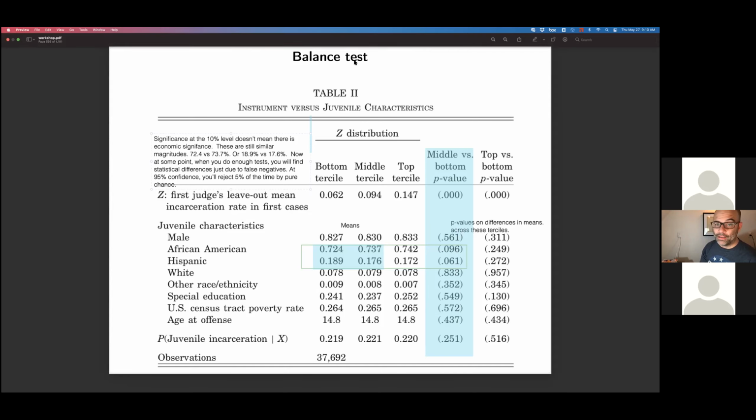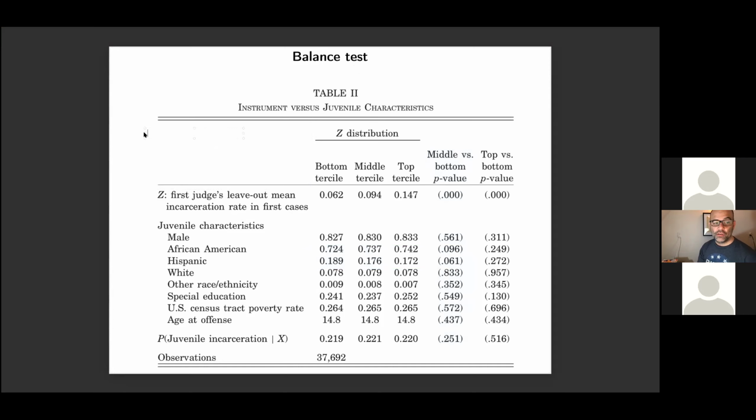So in my mind, I personally see this balance table and think, looks like randomization is holding pretty well. Each judge has, on average, the same kinds of clients with respect to observables, right?